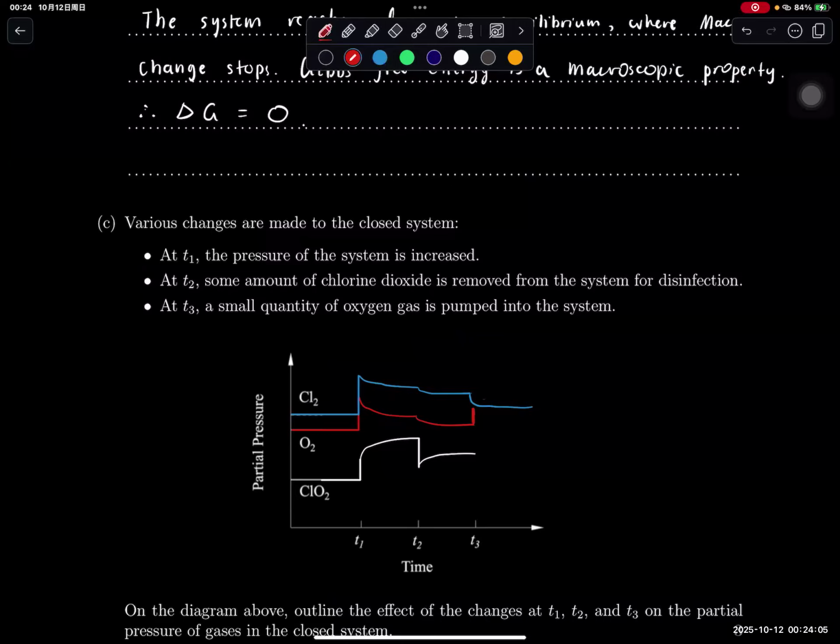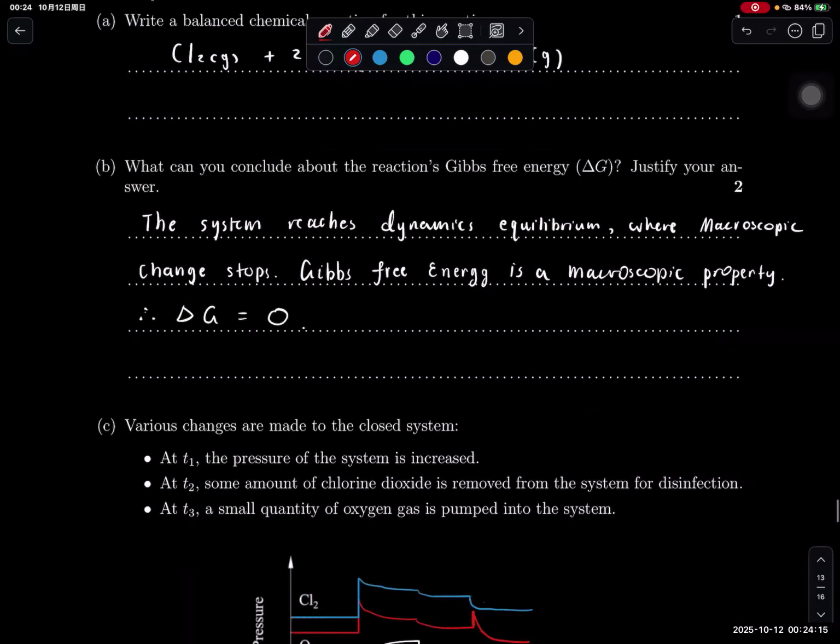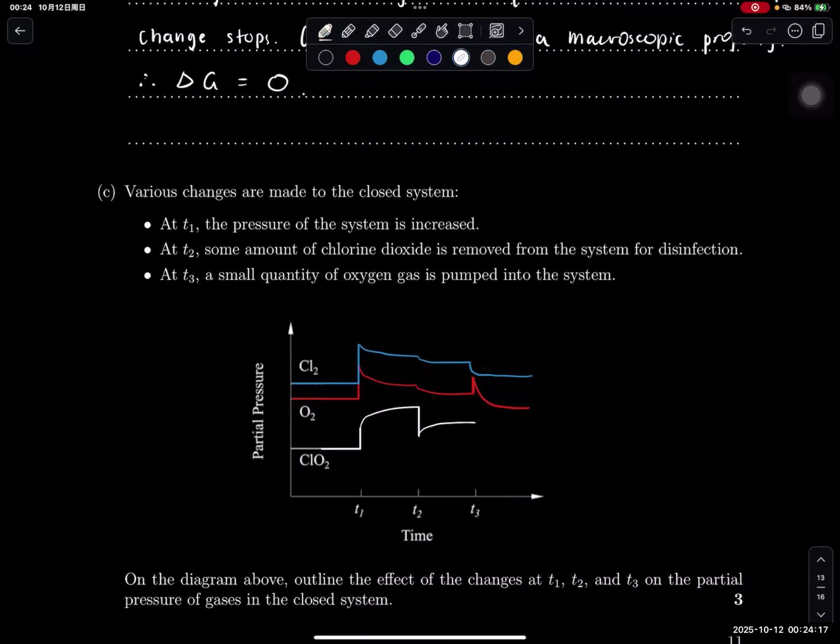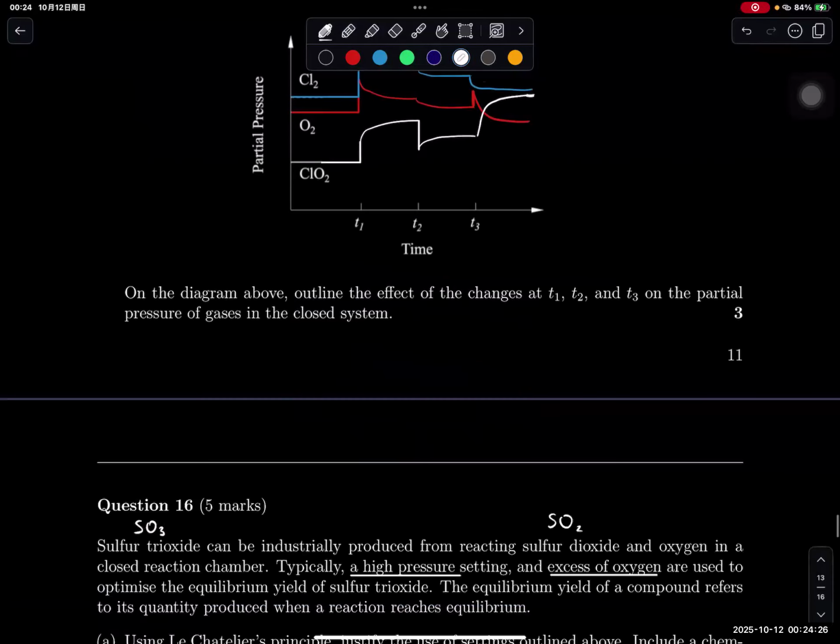And as a result, that other species will increase by 2. So it's roughly symmetrical, and we eventually reestablish equilibrium.